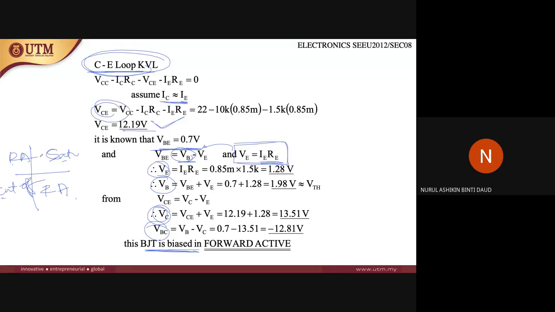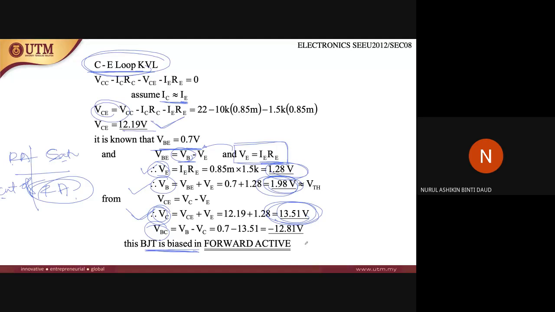So how do we decide which region the BJT is working in? We look at the values of VE, VB, and VC. Since the value of VC is larger than VB, and the value of VB is larger than VE, it is in the forward active region.